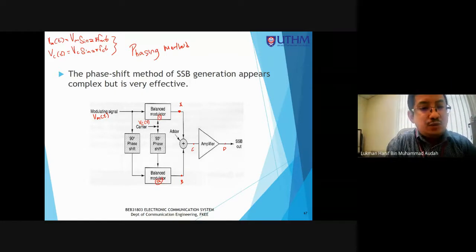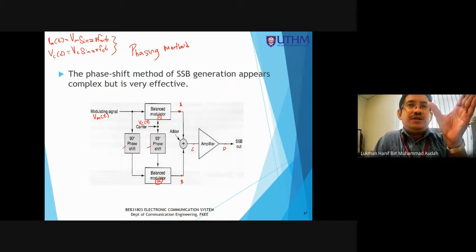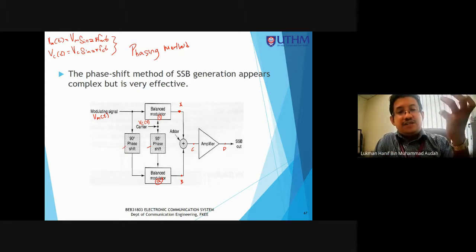And we have two phase shifter, 90-degree phase shifter, yang mana dia akan shift input signal sebanyak 90 darjah. That means when we shift 90 degrees, sine wave will become cosine. Okay, sine wave kalau kita shift 90 degree dia akan jadi cosine, cos.